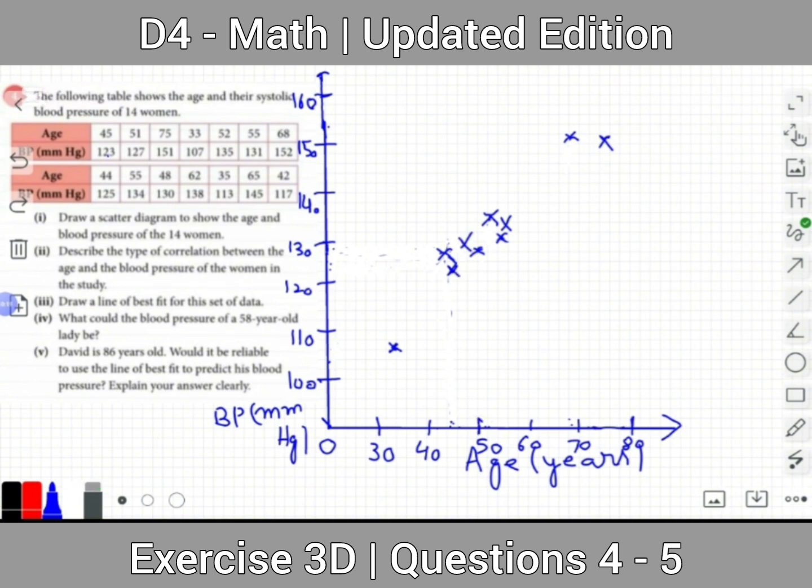Now for 62 and 138, here we have 62 somewhere here. Here we have 130, 132, 134, 136, 138. We put a cross here.